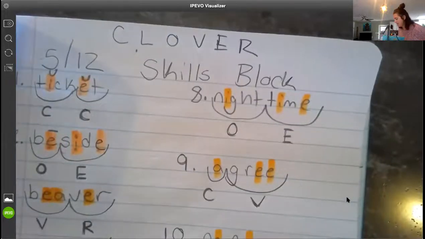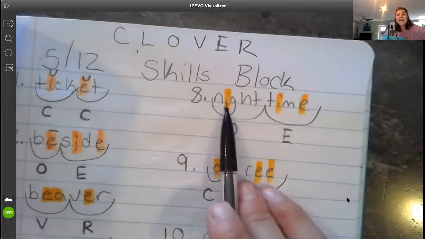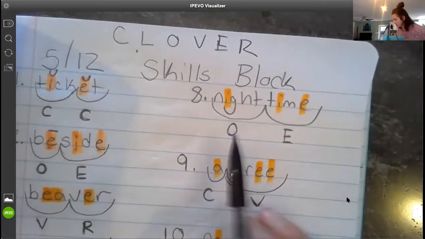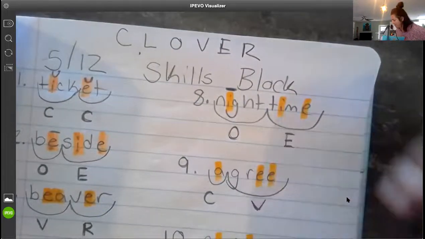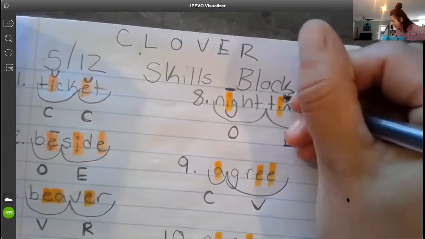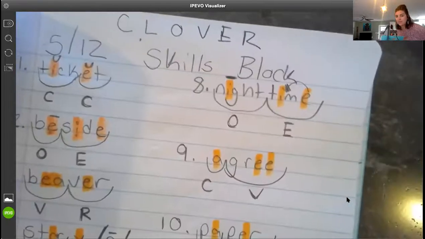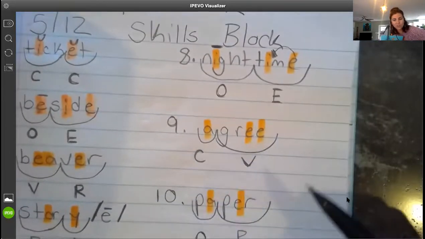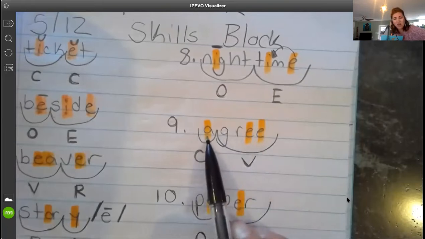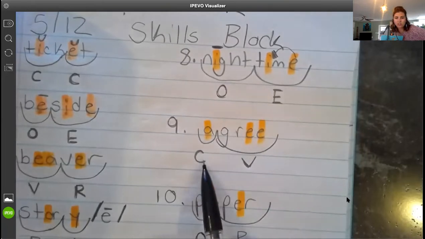Let's take a look at number 8. Nighttime. I, that's open. That I says its name, so it has a macron above it, it's open. And time, VCE concept. Take a look at agree. Remember how we asked that lady if schwas work? I'm not too sure, so we're just going to consider it a closed.